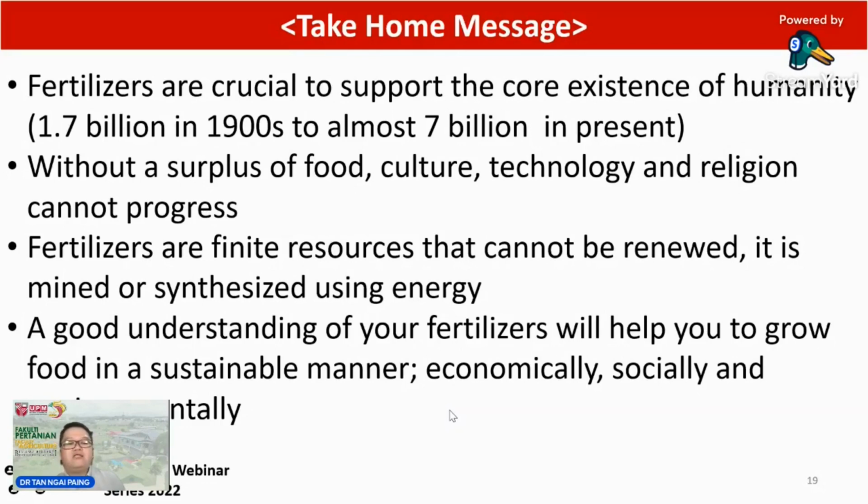They are mined or synthesized using energy, even though there's a lot of nitrogen in the air. But once we mine out our natural gas, in terms of economic scale, it will not be profitable or viable to produce ammonia that way.